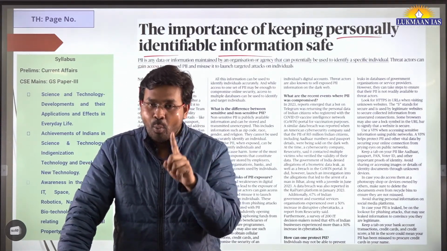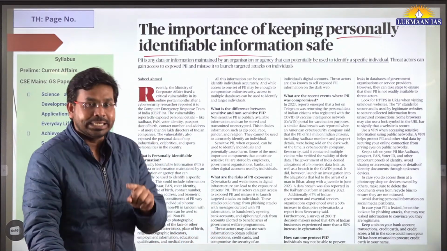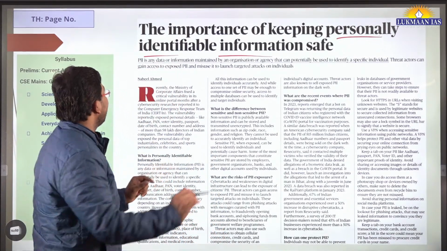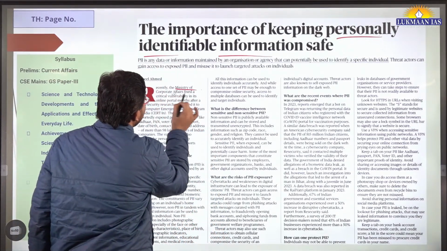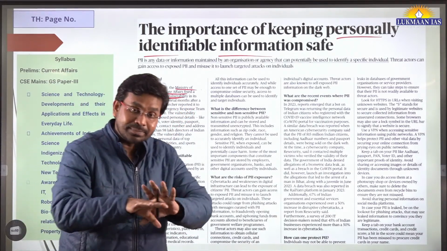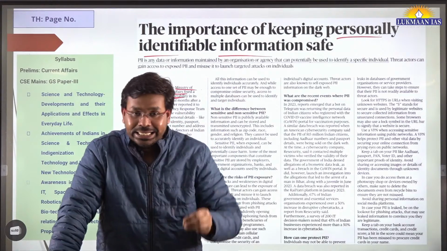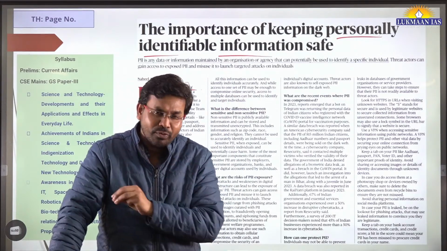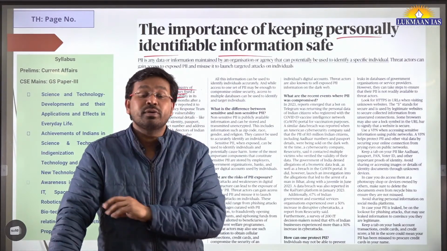Okay. Why we are discussing this topic? It is because recently the website of the Ministry of Corporate Affairs had a vulnerability, and that vulnerability has made open the details, personally identifiable information of many directors of companies in India.